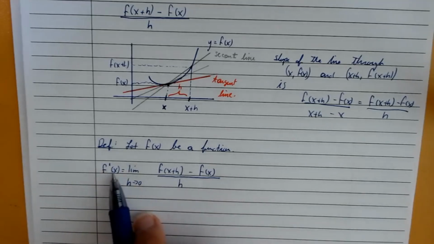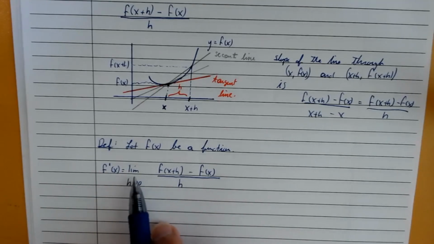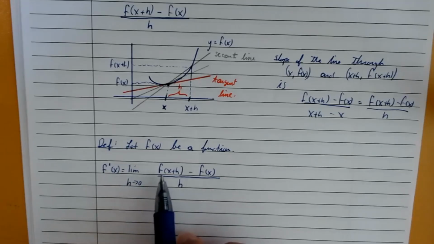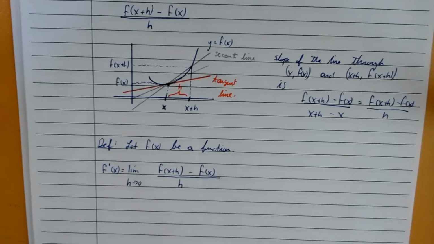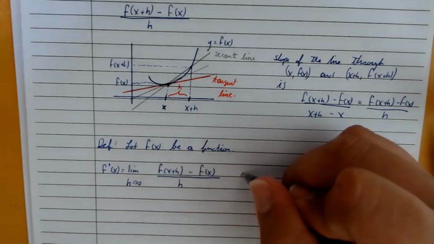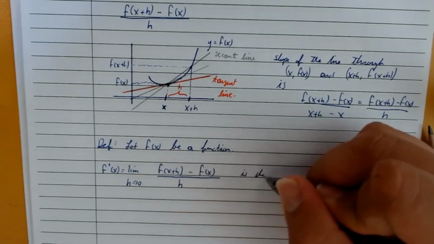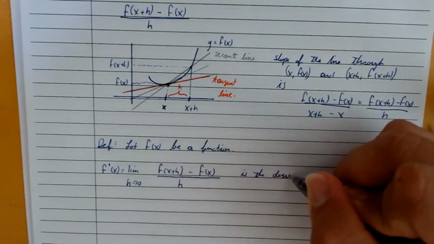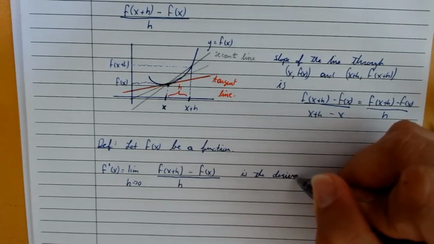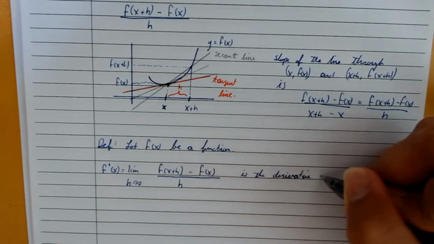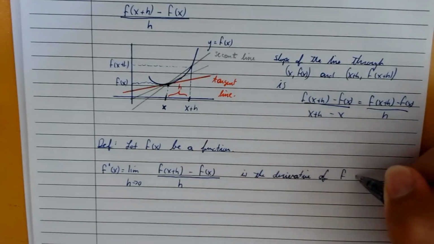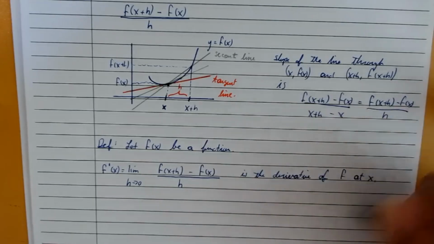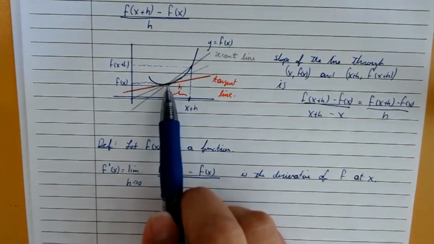So here, f prime of x is equal to the limit as h approaches 0 of f of x plus h minus f of x over h. Okay? This is the derivative of f at x. Because notice that at x, you're doing it at this point.